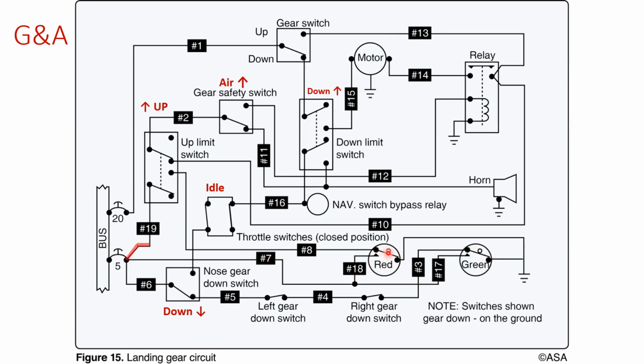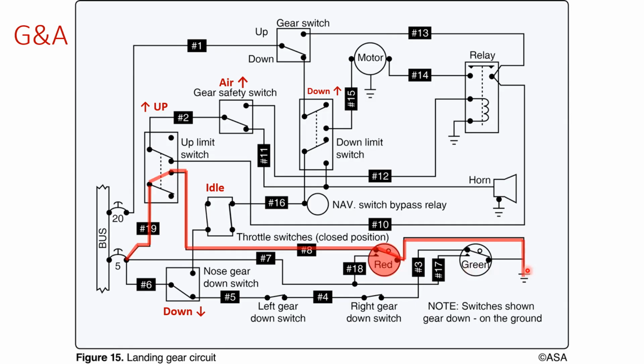Okay, I have another one here. And this is just showing power is available on wire 19 going to the up limit switch. And if we move it to where it is in and makes it so the gear is in the up position, or as far as not, this is in the not up position here, we're going to get some indication as we follow it down through the red light.